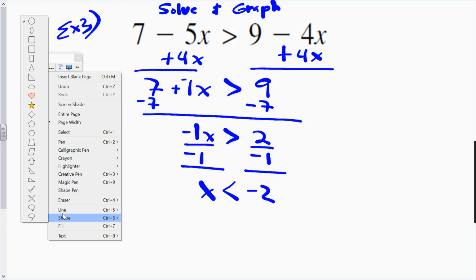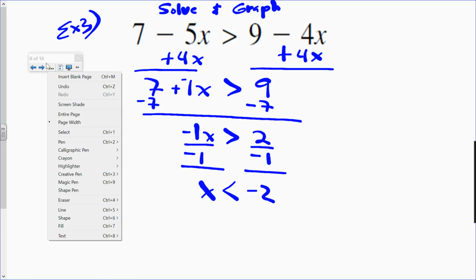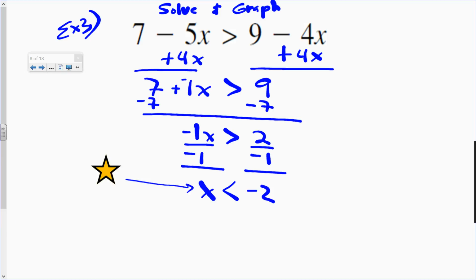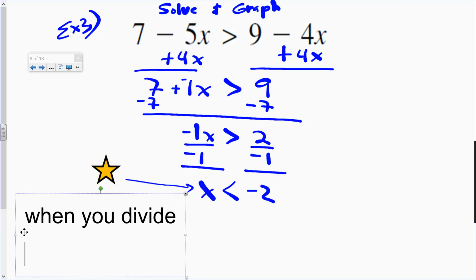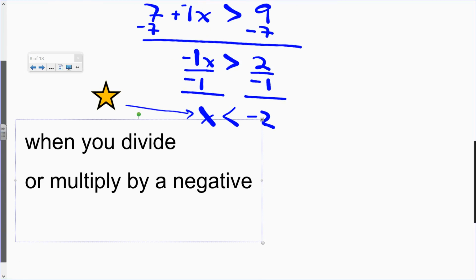Put a star on this step here, and right underneath the star, just so you remember: when you divide or multiply by a negative number, the inequality flips.